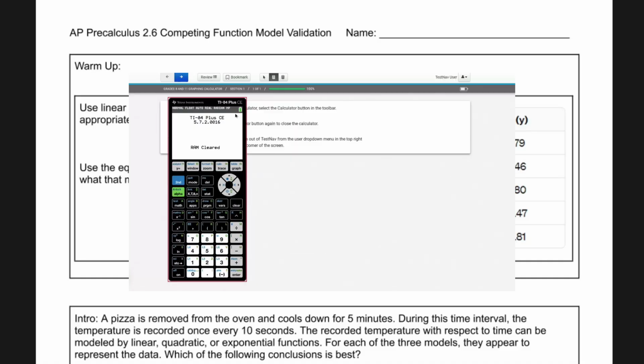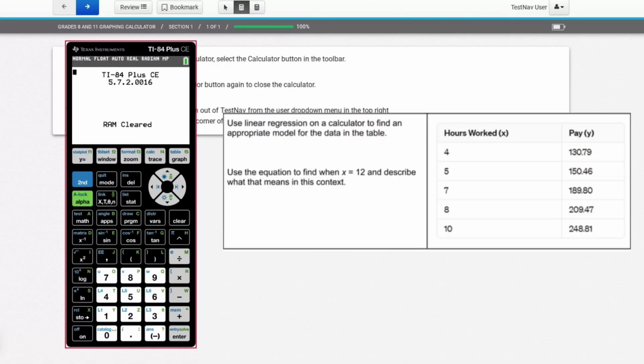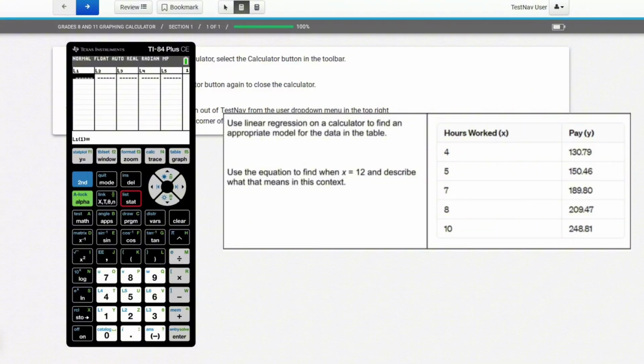All right, so with all regression, we're going to hit stat first, we're going to hit edit, and all of our x values go in the left. So we had 4, 5, 7, so no real pattern here, just kind of numbers here and there.